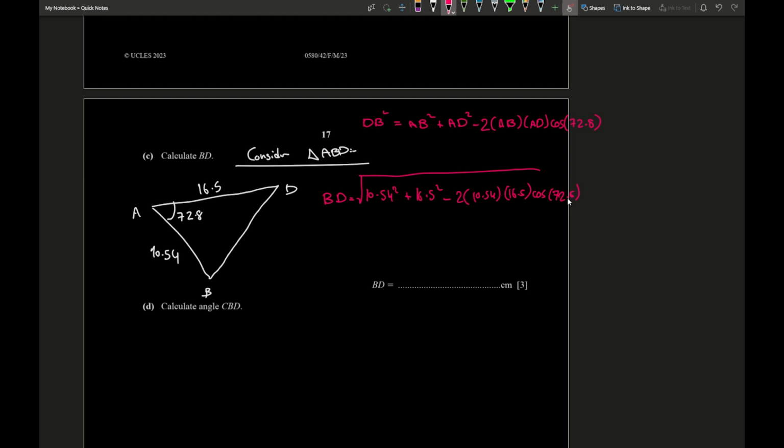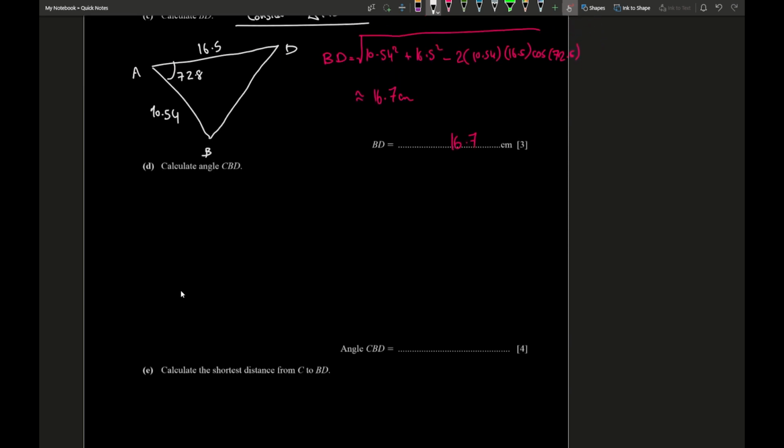Let me put it in the calculator. This is approximately equal to 16.7 centimeters, rounded to one decimal place. Okay. I'll also store that in the calculator because I think we might have to use it in the upcoming parts.